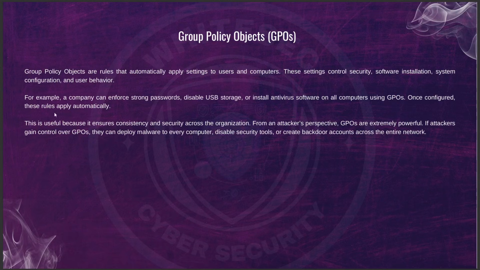Once configured, these rules apply automatically. This is useful because it ensures consistency and security across the organization. From an attacker's perspective, GPOs are extremely powerful. If an attacker gains control over GPOs, they can deploy malware to every computer, disable security tools, or create backdoor accounts across the entire network.